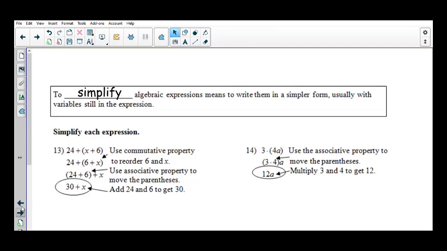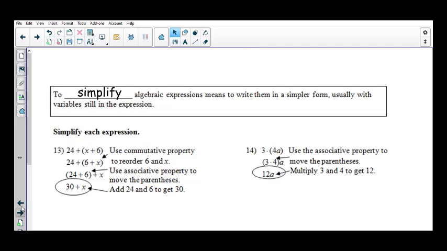But I want to show you why you get a solution of 30 plus x, or x plus 30, because addition is commutative. It's because you can switch the order of the x plus 6, you can move the parentheses to regroup the 24 and the 6 together, and then of course you can add 24 and 6 together to get 30. So the final answer is 30 plus x or x plus 30.